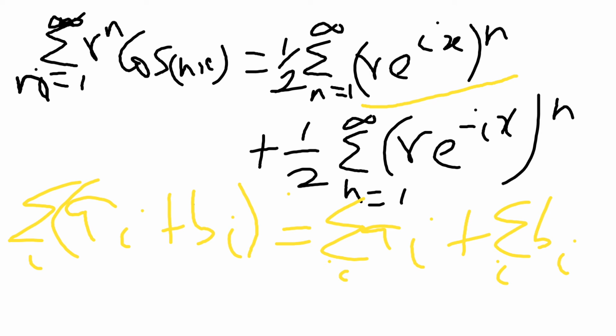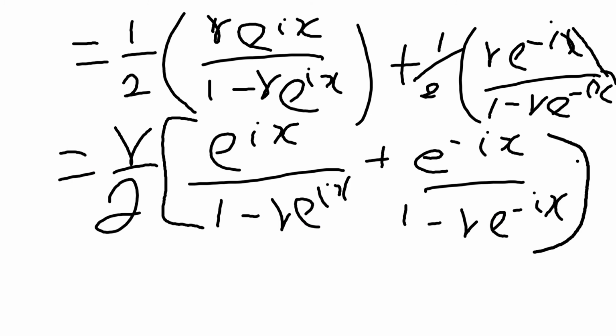Then if we have a geometric series, let's say the sum of r to the power n from 1 to infinity, or the sum of (a over b) all raised to the power n.